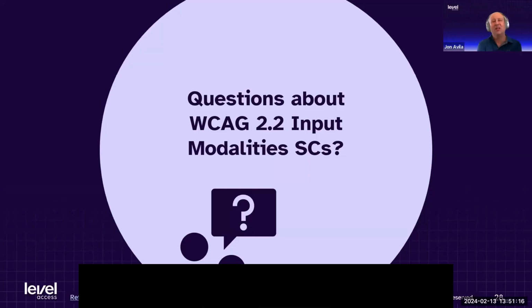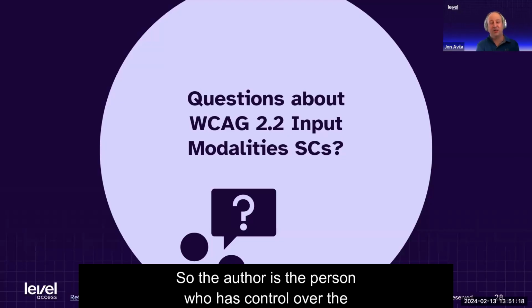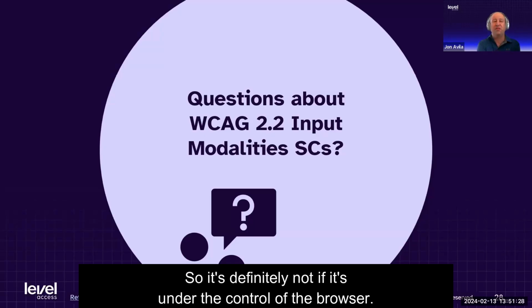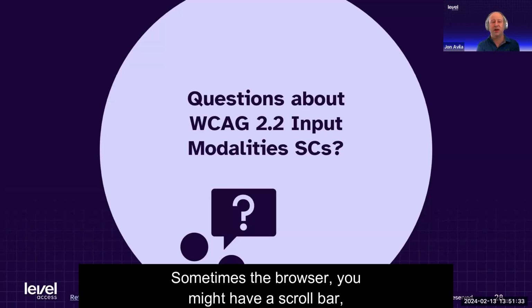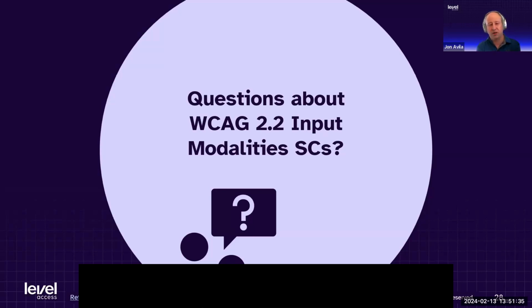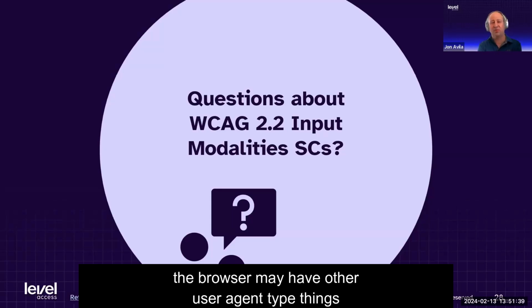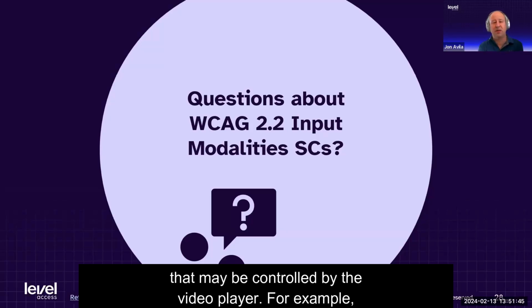Good question. The author is the person who has control over the web content. So in that case, it's not something caused by the browser. It's definitely not if it's under the control of the browser. Sometimes in the browser you might have a scroll bar, or the browser may have an alert dialog. The browser may have other user agent type things, like those that may be controlled by the video player.